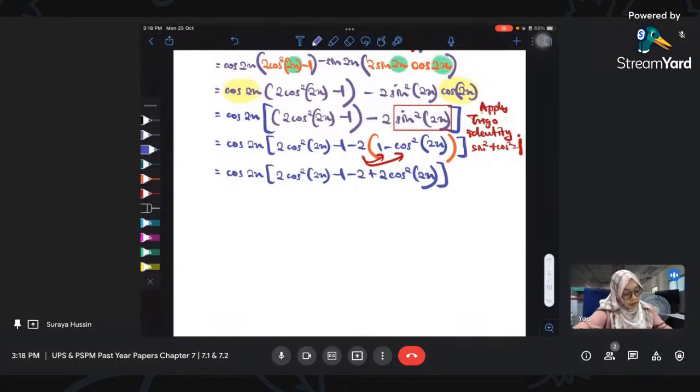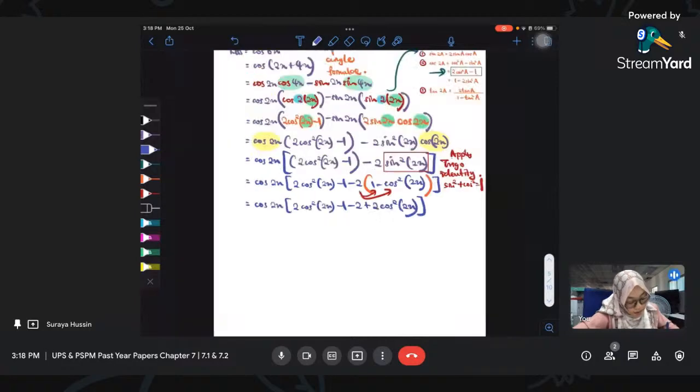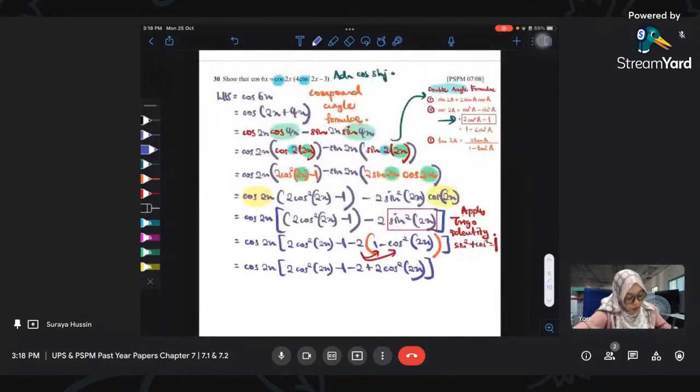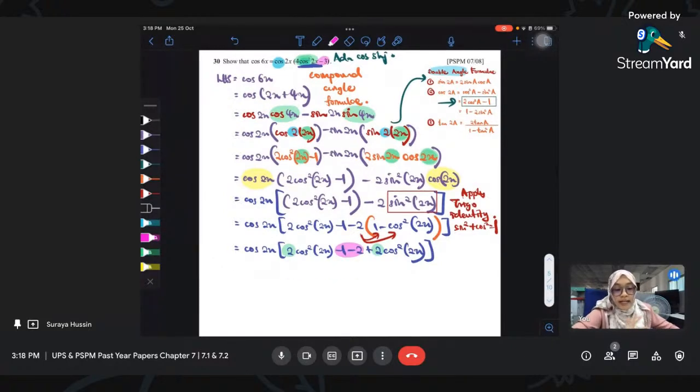So here you've sort of almost found the 4. How do you know you can get the 4? It's because 2 plus 2 cos squared theta, you will get this as the first term, while negative 1 minus 2, you will get negative 3. So you have to compare with the right hand side, little by little.